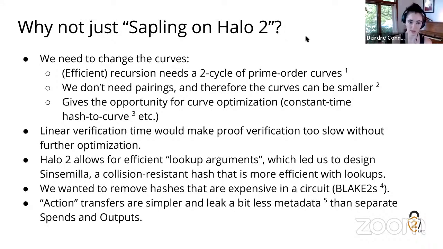Fewer edge cases. This also gives us an opportunity to change how we hash values into the group, literally called hash to curve. Previously for Sapling, it was not a total function over all of the domain inputs to the hash.